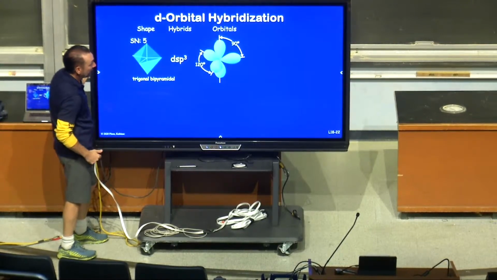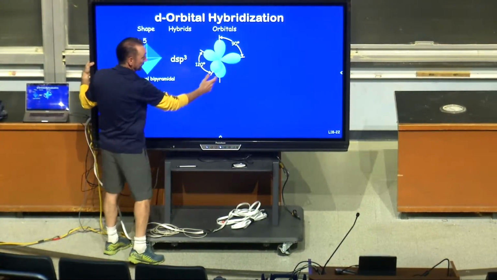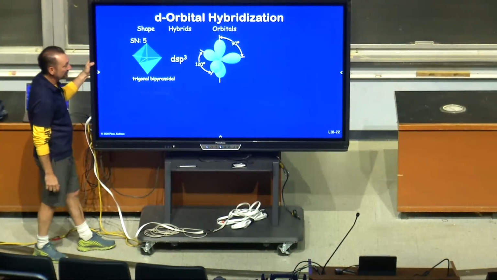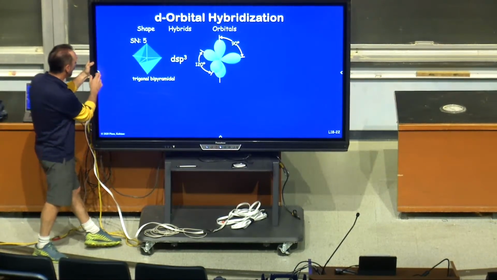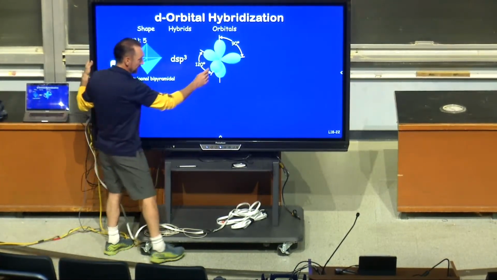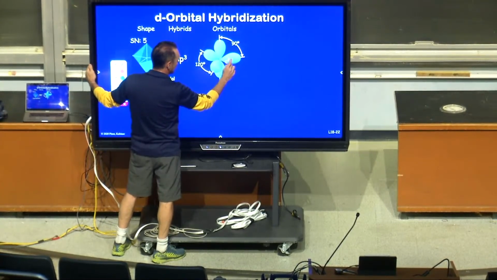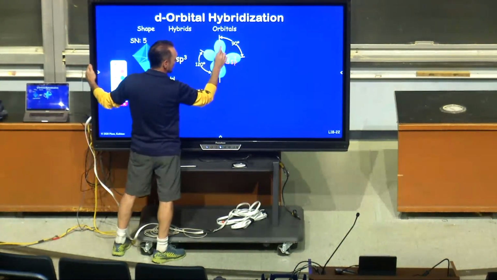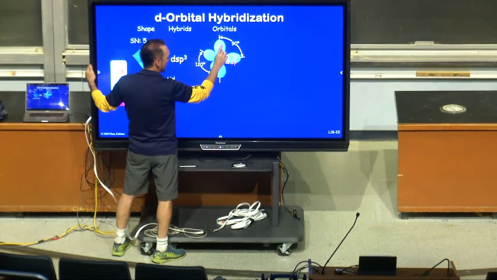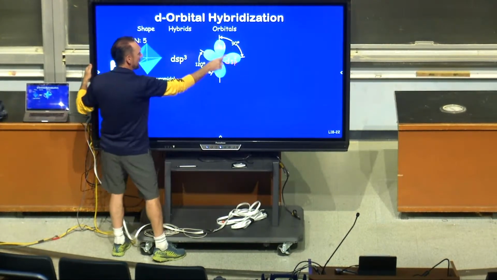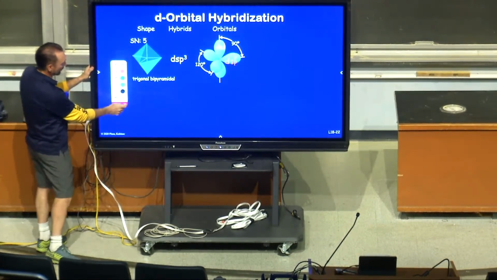And I have hybrid orbitals that look like this, and there are 5 of them. Each one of these, remember, is a dsp3. There are 5 equivalent dsp3 orbitals.